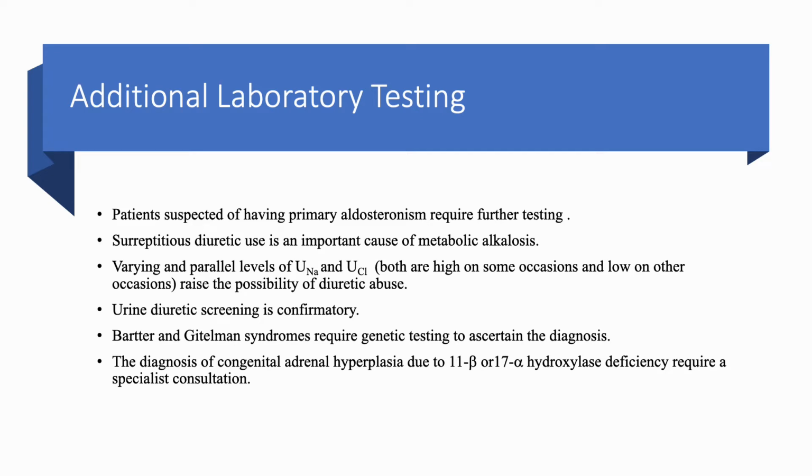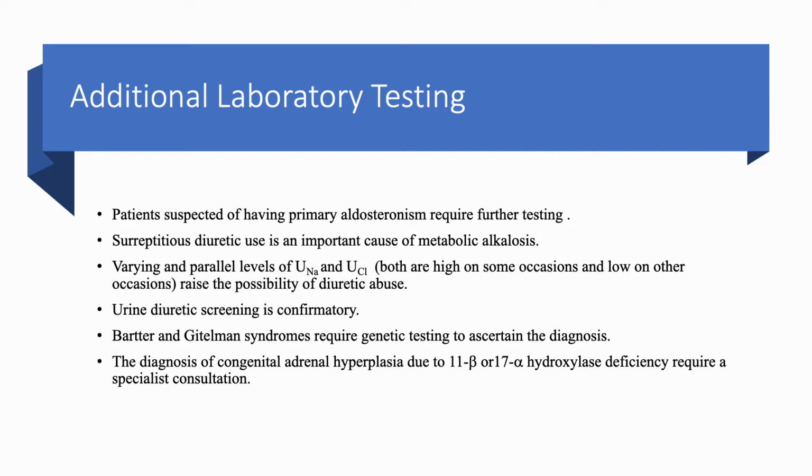We need additional laboratory testing depending on the case. If we are suspecting primary aldosteronism, this is a big deal, then you need renin and aldosterone. Maybe you do a suppression test. Maybe you do a 24-hour urine for aldosterone, etc. Surreptitious diuretic use is a common cause, an important cause of metabolic alkalosis.